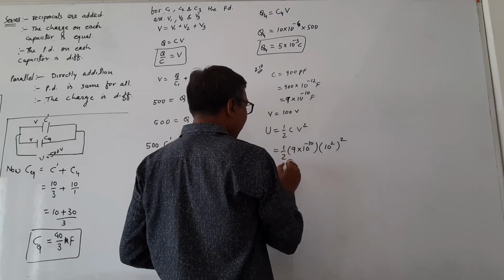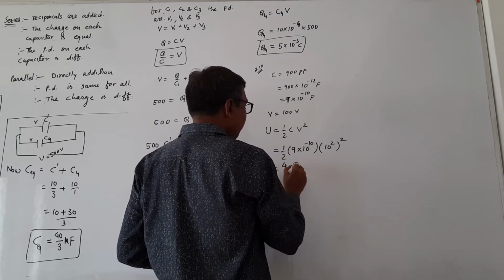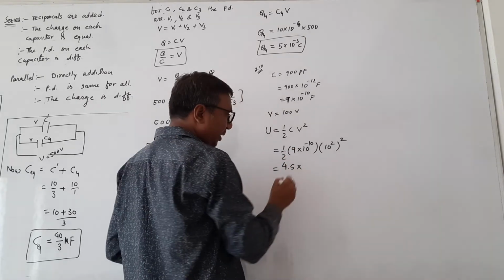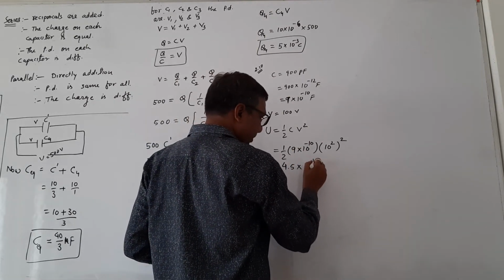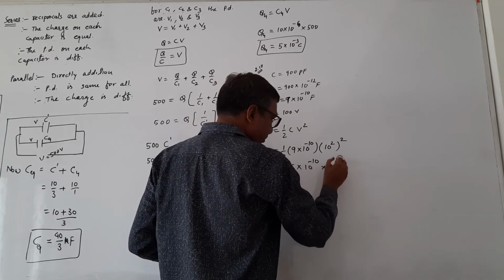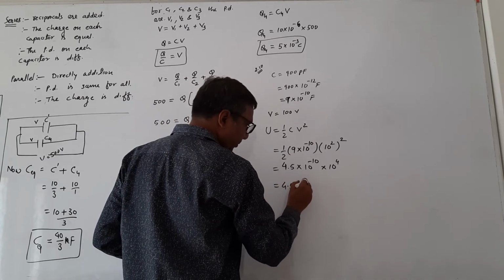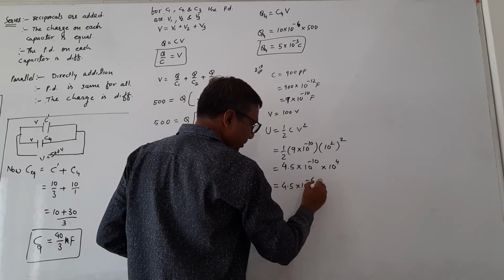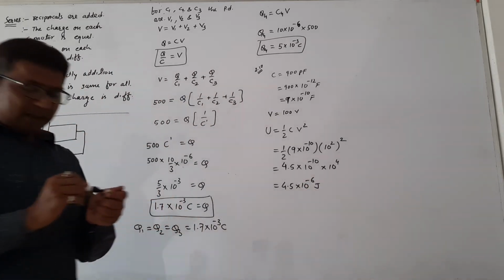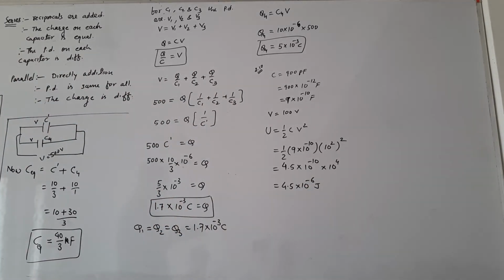So 9 divided by 2 is 4.5, and 10 raised to minus 10 times 10 raised to 4, that means 4.5 into 10 raised to minus 6 joule. This is the result when a capacitor is connected with a battery.